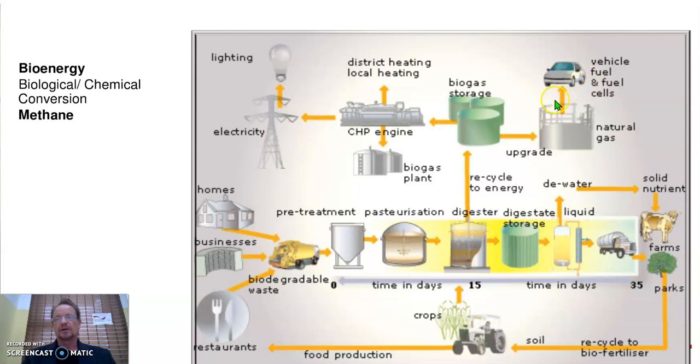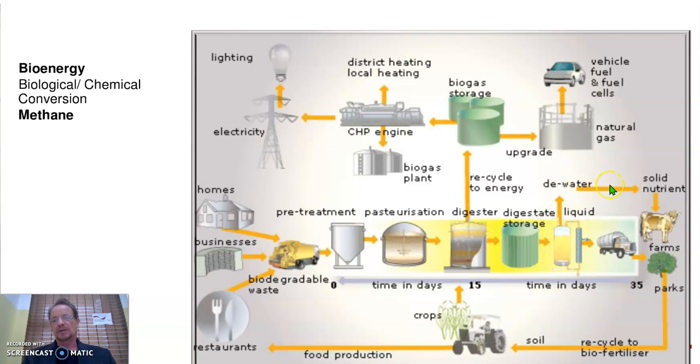Also, you can mix it together with natural gas for a biofuel based on methane, mixed with natural gas. Then you have some leftovers, which are quite moist, so you dewater them.